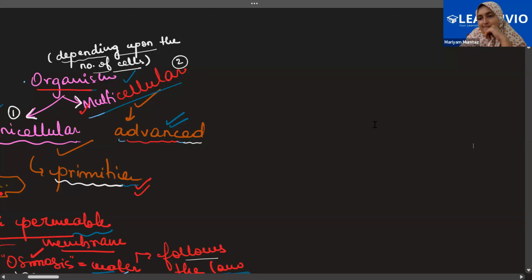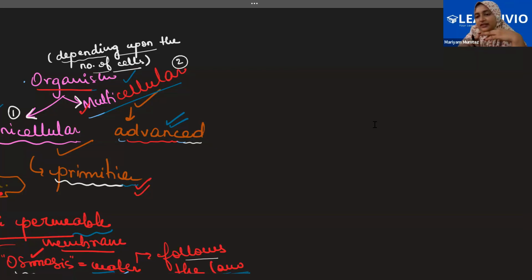Okay, let me give you options: single circulation, double circulation, incomplete circulation. How many chambered hearts are present in fishes? Two. And how many chambered hearts are present in reptiles and amphibians? Four? No, three. Though crocodiles have four, right? Yes.